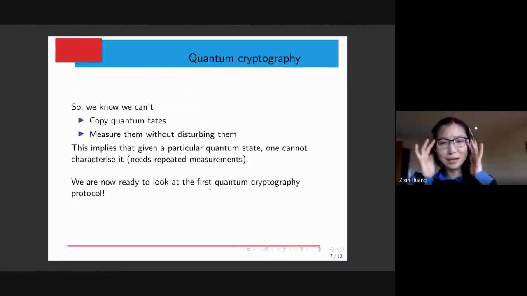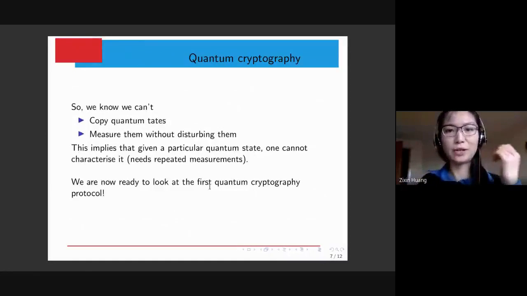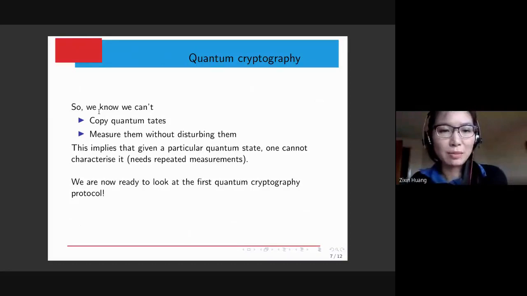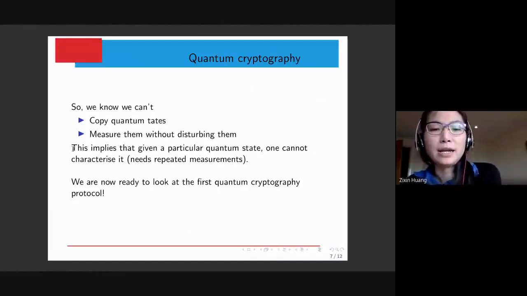Cool. Now we're ready for our first quantum cryptography protocol. So the two elements that we need are, we know that we can't copy quantum states, and we can't measure them without disturbing the system. So this implies that if I give you one copy of a particular quantum state that is unknown to you, you cannot characterize it.